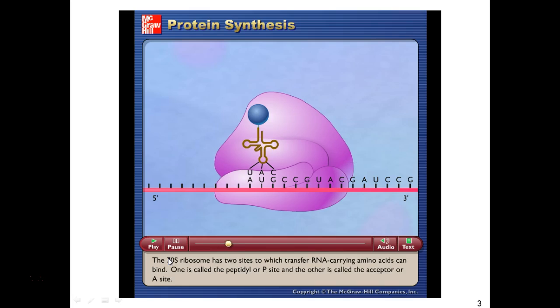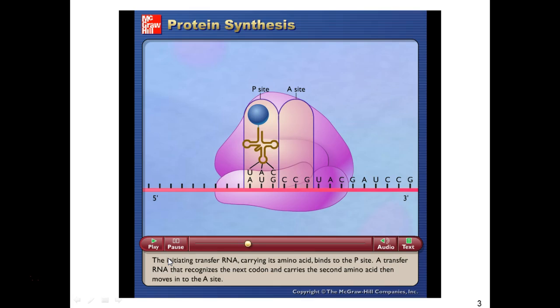The 70S ribosome has two sites to which transfer RNA carrying amino acids can bind. One is called the peptide or P site, and the other is called the acceptor or A site. The initiating transfer RNA carrying its amino acid binds to the P site. A transfer RNA that recognizes the next codon and carries the second amino acid then moves into the A site.